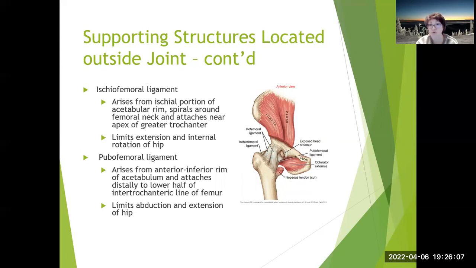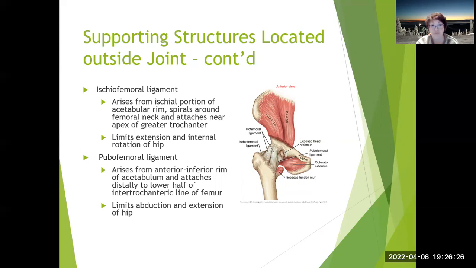The pubofemoral ligament, as you can tell from its name, goes from the pubic rim of the acetabulum and attaches to the lower half of the intertrochanteric line of the femur.